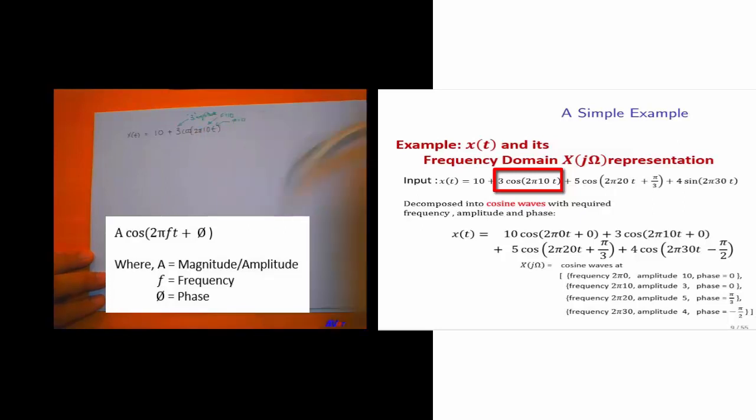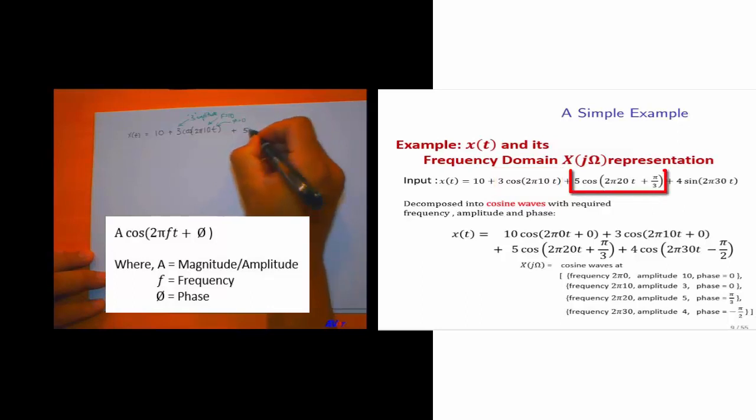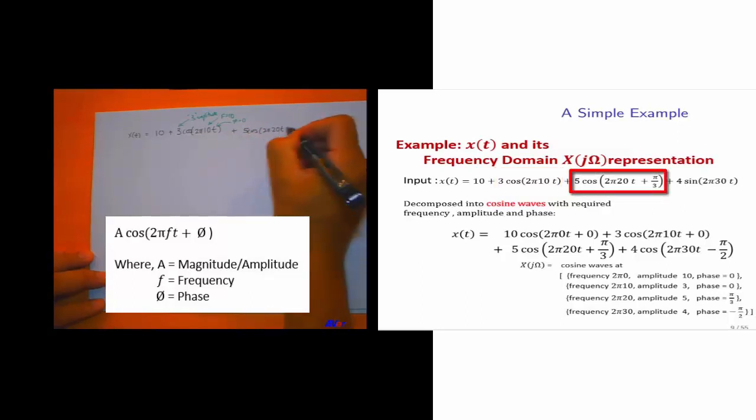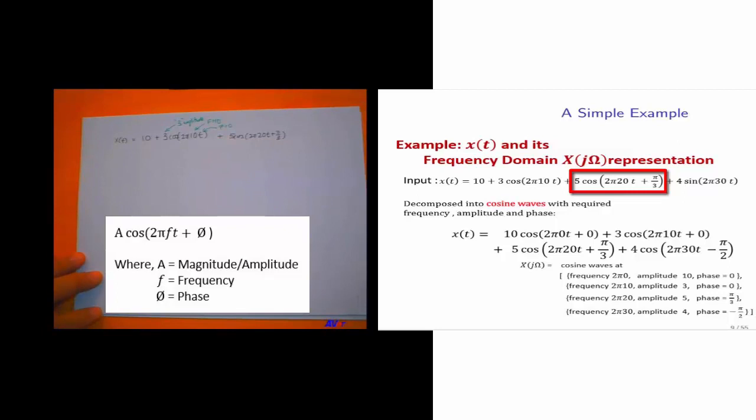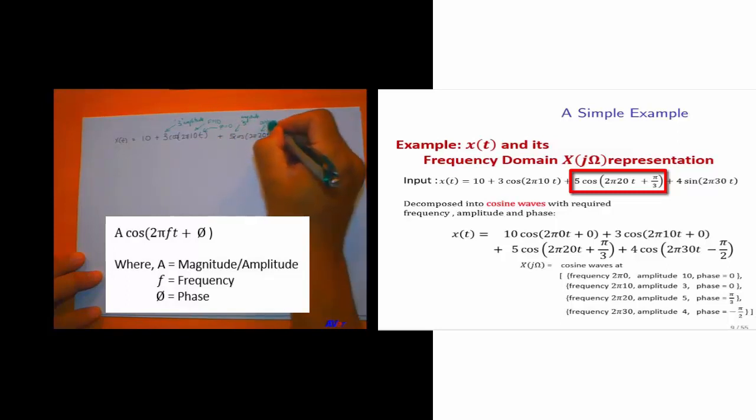Let us make our example slightly more complicated by adding some more cosine waves: 5 cosine 2 pi 20t plus pi over 3. Now I have just added one more cosine wave with magnitude 5, frequency 20 Hertz, and a phase shift of pi over 3.